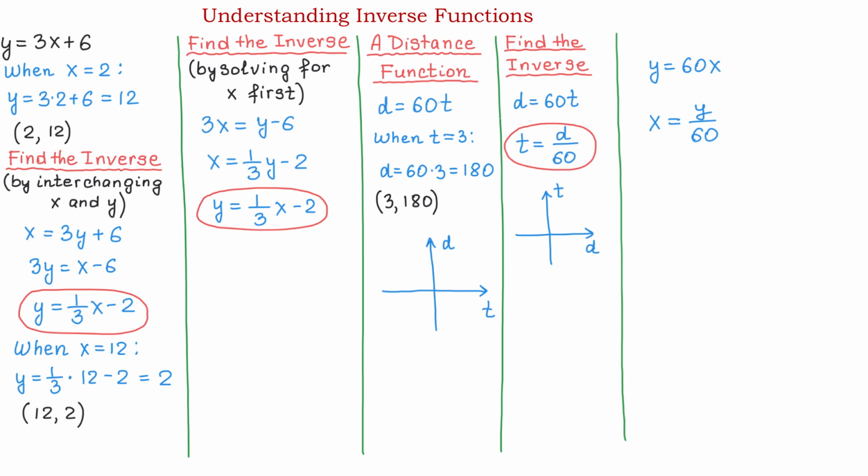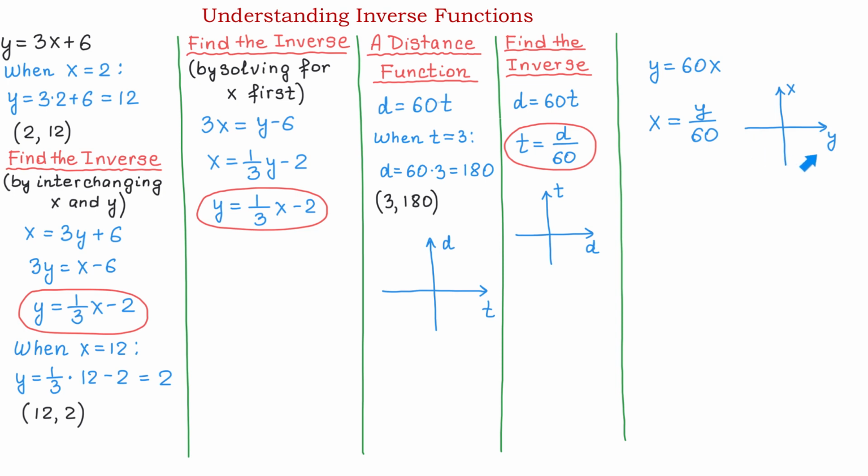But the problem is that when we use x and y, we typically use x as the input variable and y as the function. And that is again because how we relate x and y to the rectangular coordinate system. If in this function we keep y as the input and x as the output, then we would need to call the horizontal axis the y-axis and the vertical axis the x-axis.